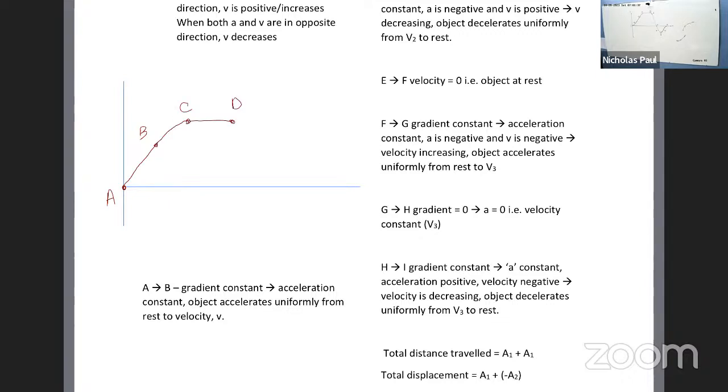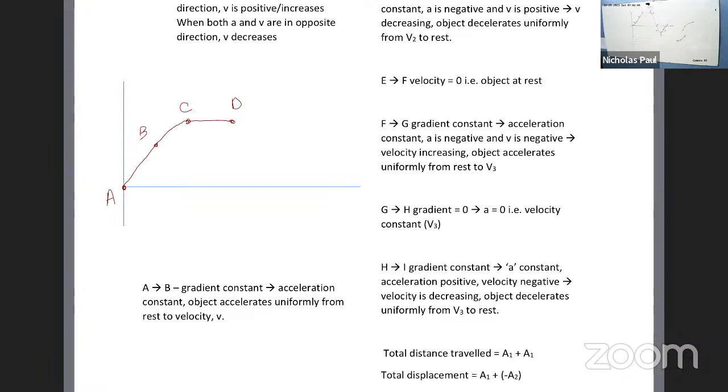Right? Try E to F. E to F easy, right? What happens D to E? Oh wait, I'm missing one. Roll D to E. Negative acceleration.